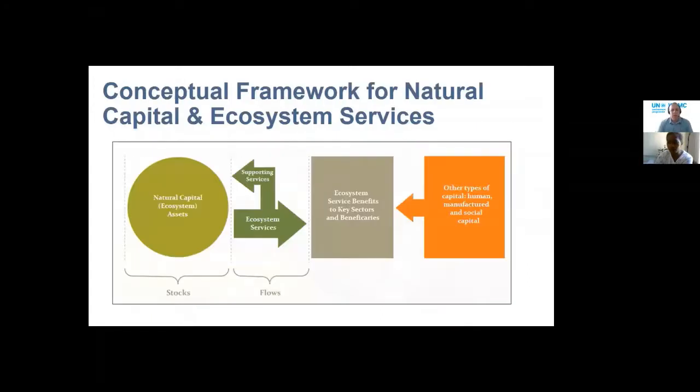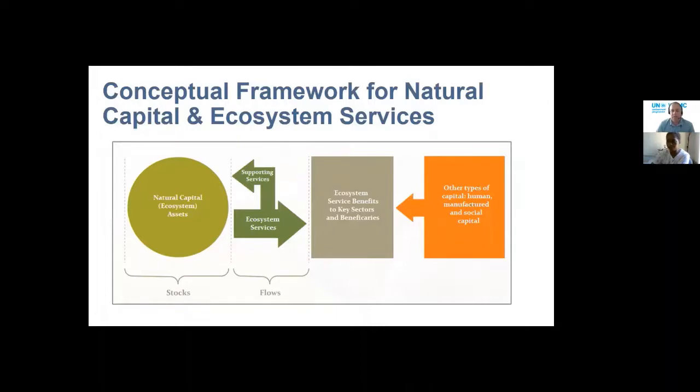And so here we have essentially this conceptual framework of the link between natural capital or ecosystem assets, services and benefits. So essentially we have these ecosystem assets on the left here, which are the stocks and enable a flow of ecosystem services. These ecosystem services in turn yield benefits, and these may often be secured with the help of other capital inputs such as human manufactured or social capital.